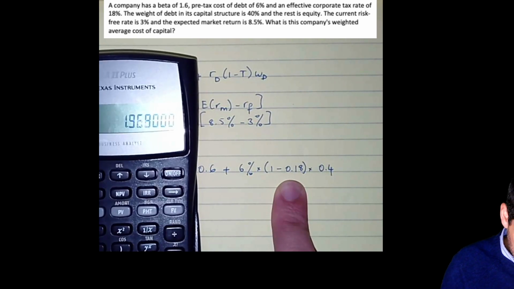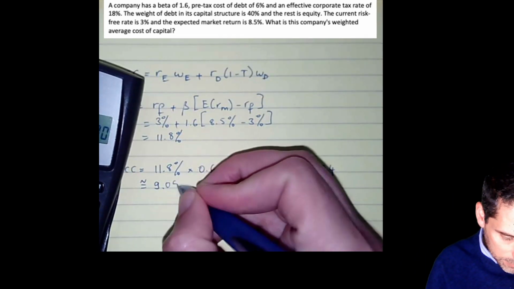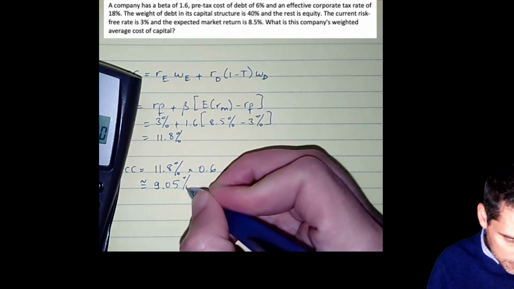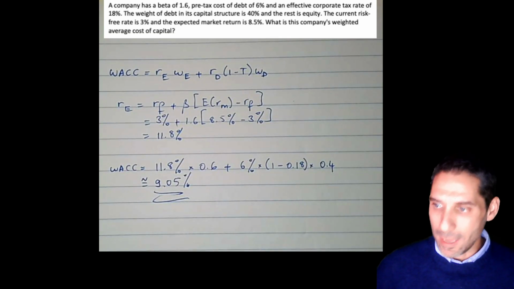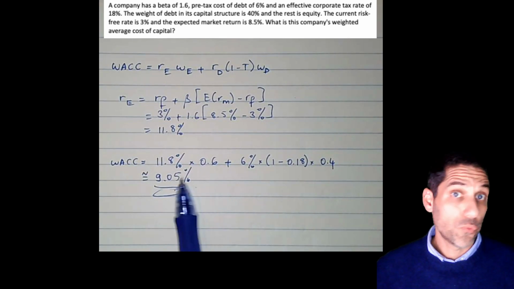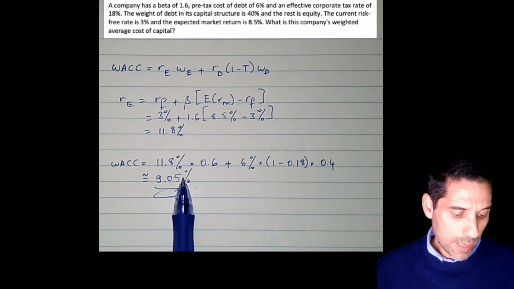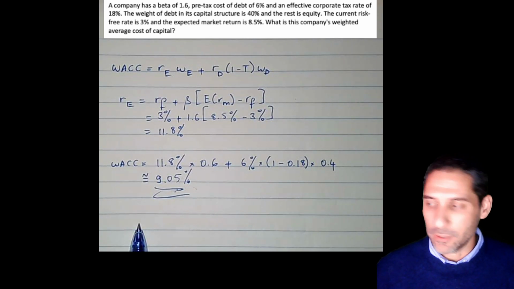This plus, recall, 9.048, so roughly 9.05%, is the company's weighted average cost of capital, which is a discount rate we would use to discount future free cash flows to find the enterprise value and walk the bridge to share value.